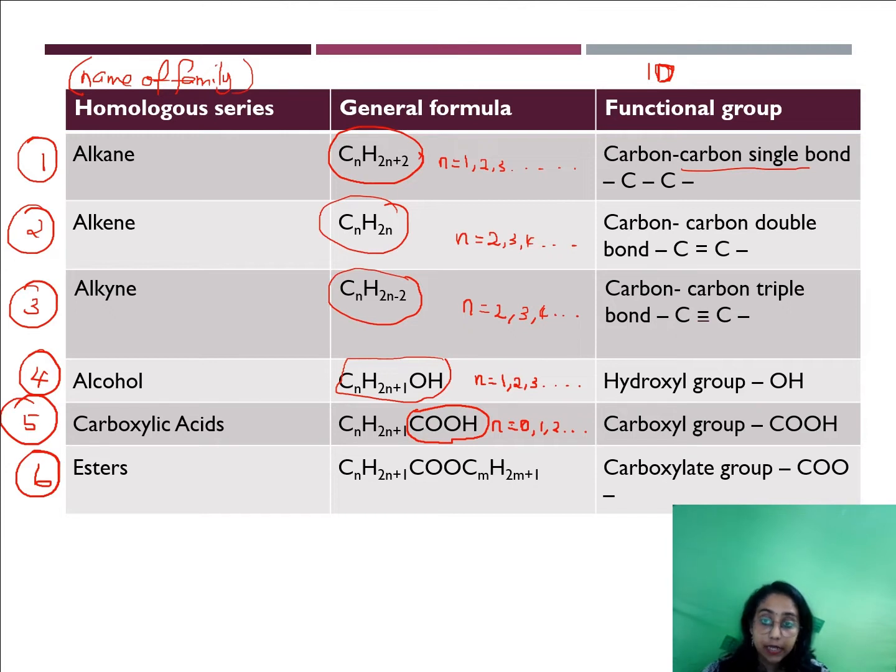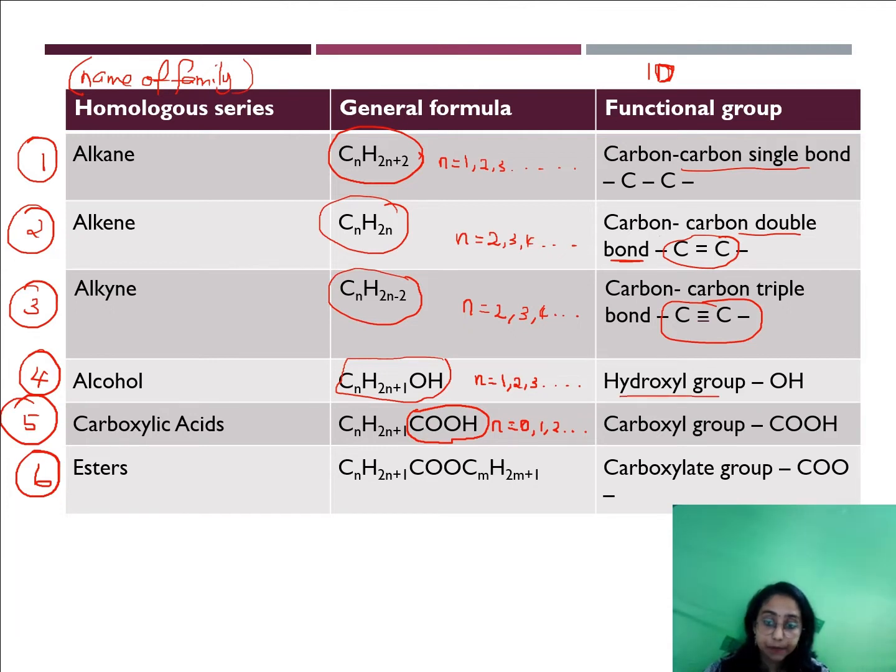Whereas for alkene, if you find any double bond between the carbons, then that compound belongs to alkene. So the carbon-carbon double bond is the functional group for alkene, whereas for alkyne it is the carbon-carbon triple bond. Now, when it comes to alcohol, the functional group is known as the hydroxyl group.